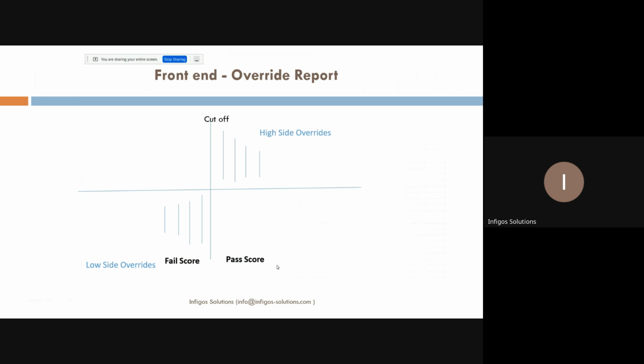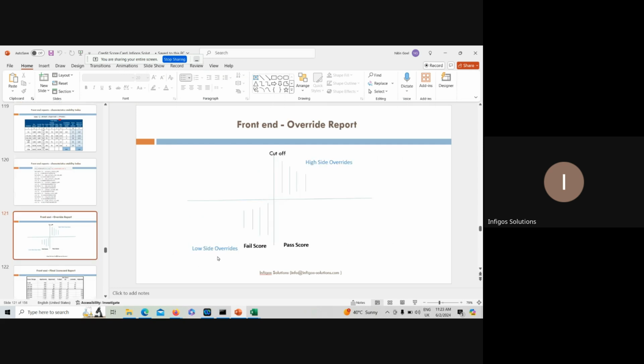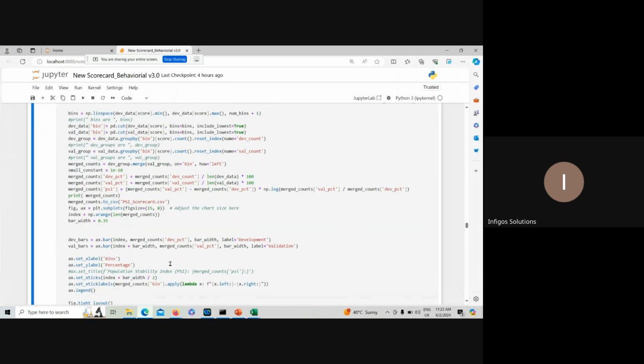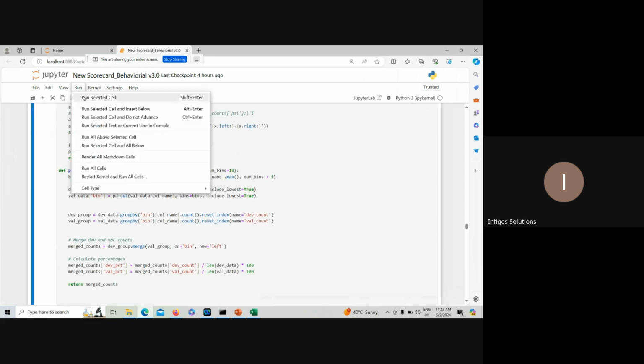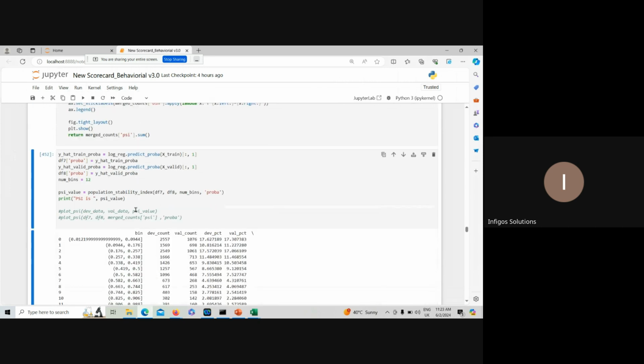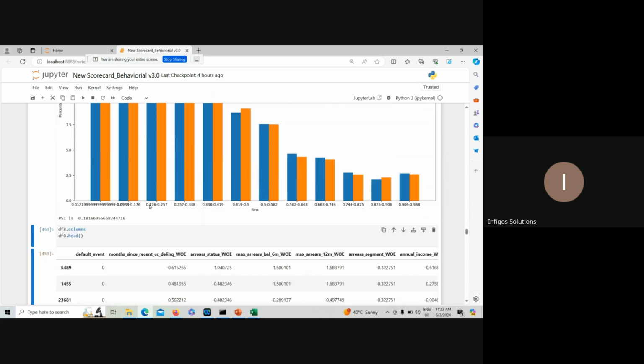So let's talk about reports. There's something called the override report. Let me run the rest of the code before I get there. So this is the population stability code here. And this is how we calculate the population stability, 0.18.